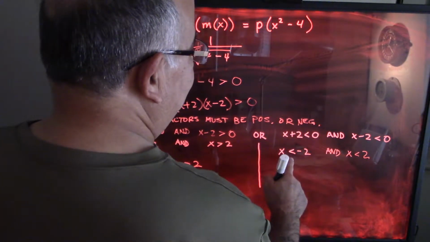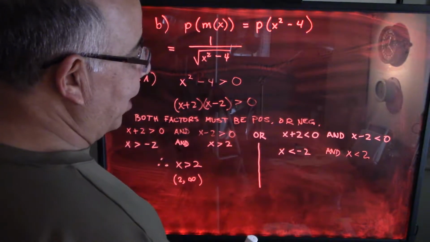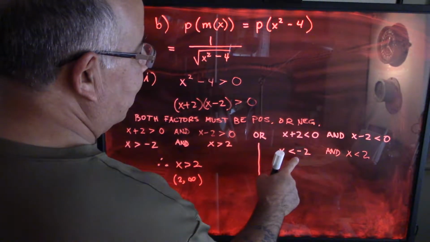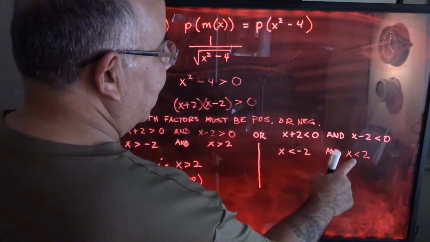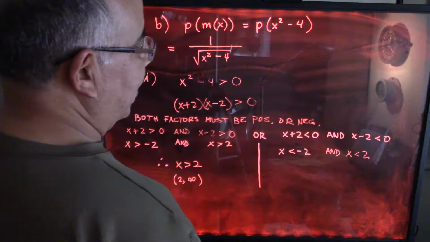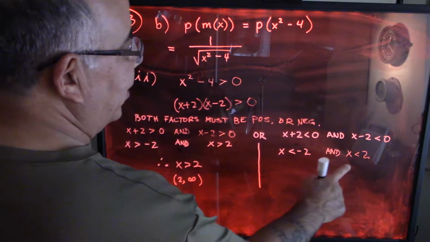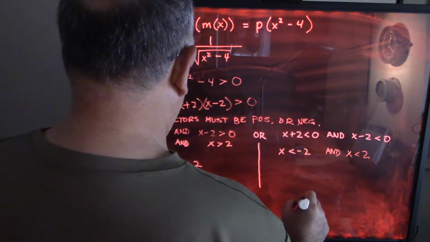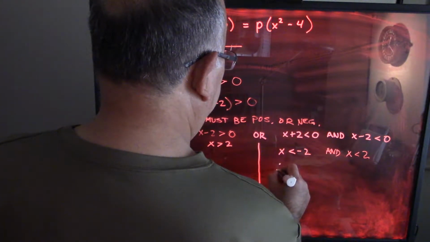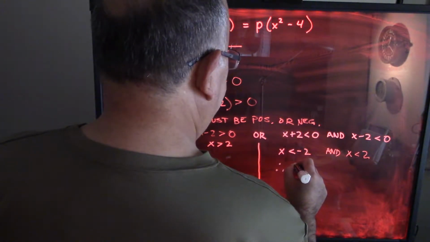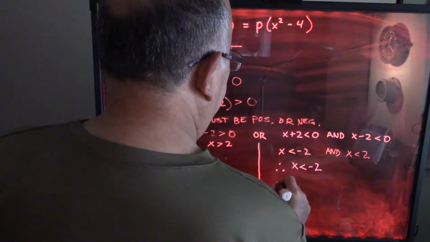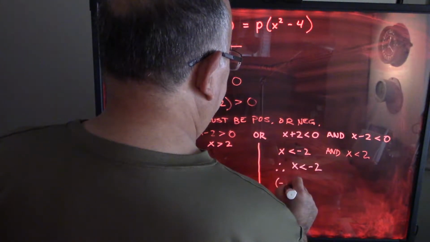But 1 is not less than negative 2, so that's not going to work. However, if x is less than negative 2, it's automatically going to make that true as well. So if x is negative 3, it's certainly less than 2. So this is going to be our final answer. Therefore, x is less than negative 2. And as an interval that looks like this.